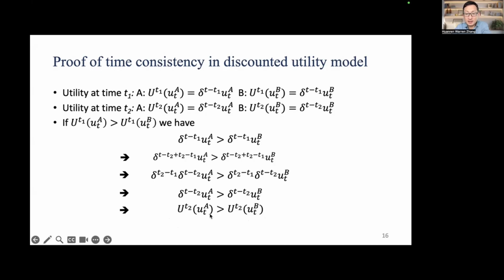The utility experienced from getting A at point T2 is greater than the utility you experience for option B at time T2. So this implies that because your utility is higher, you prefer A to B. What that means is, whenever at any point T1 you prefer A to B, then at any other point T2 you also prefer A to B. So that is the idea of time consistency.